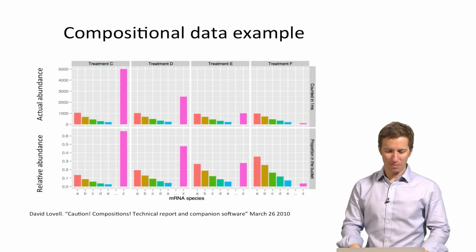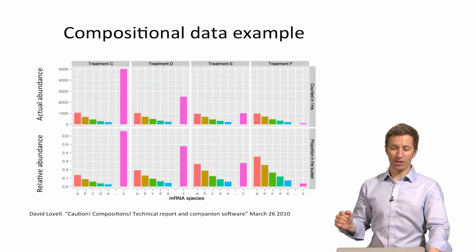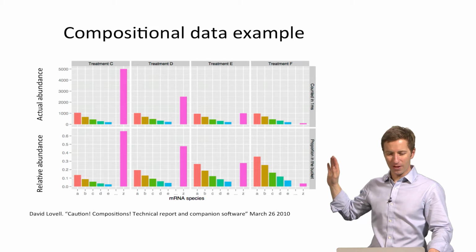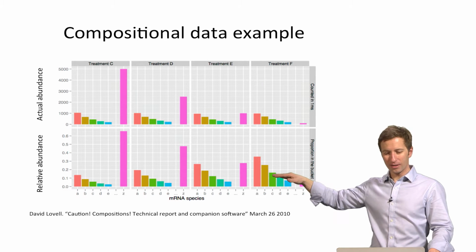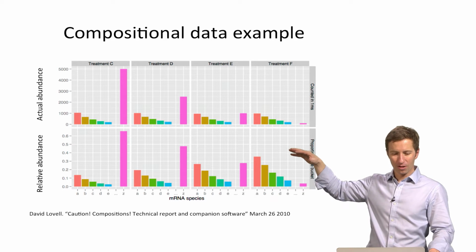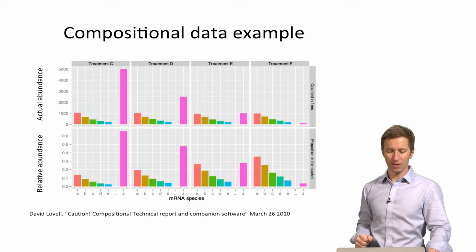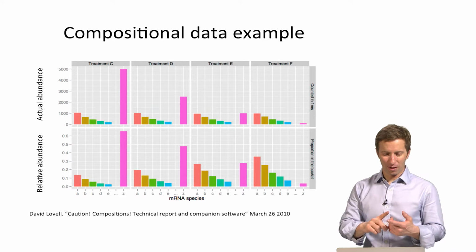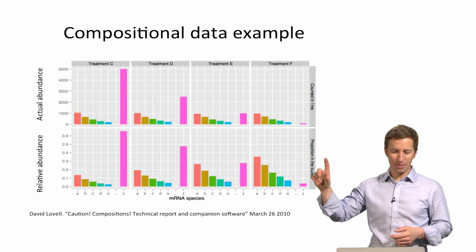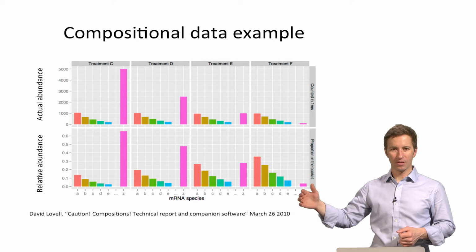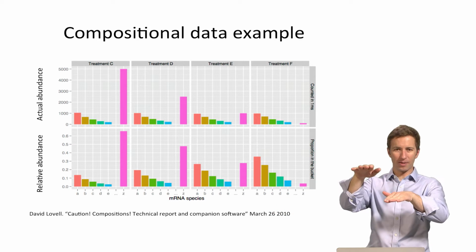And this can make you conclude several different things. You could think that treatment F, that's the last column here, is causing these other minor members to increase relative to treatment C, the first column. And you could also infer that, firstly, the pink bug is anti-correlated with all of the other bugs, because as it goes down, the other ones go up.